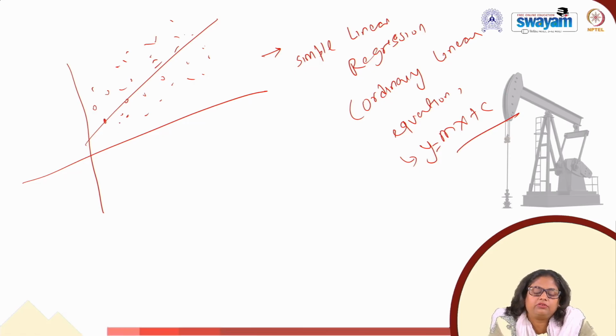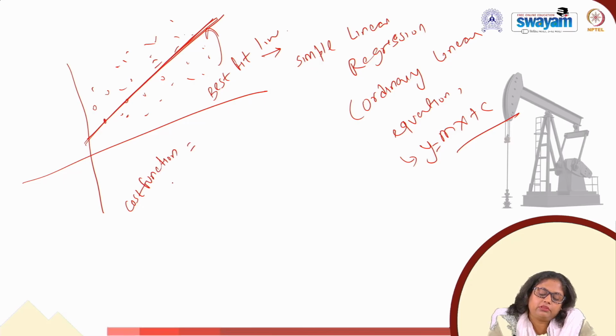The line passing through the different data points is called the best fit line when the cost function, or error function, is a minimum.